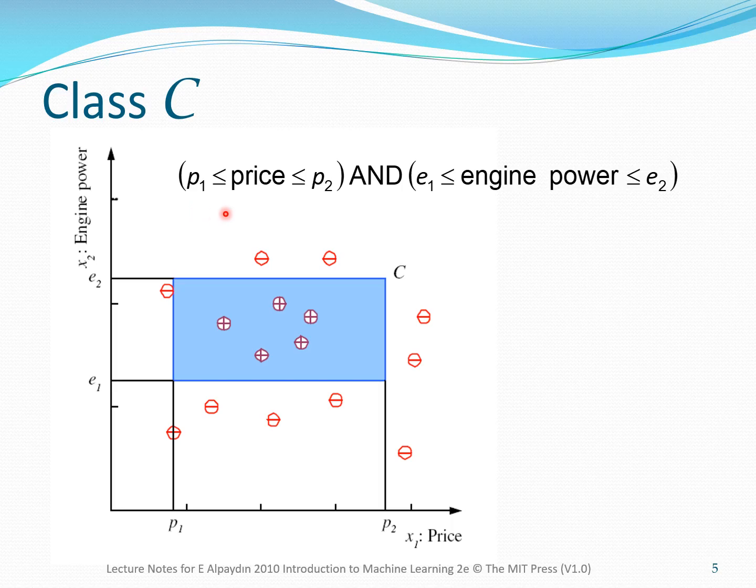That is, p1 should be less than or equal to price, less than or equal to p2, and e1 should be less than or equal to engine power, less than or equal to e2, for suitable values of p1, p2, e1 and e2. This equation thus assumes C to be a rectangle in the price engine power space.